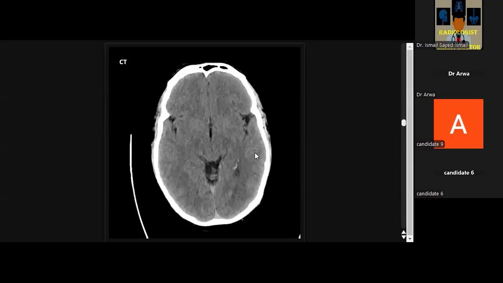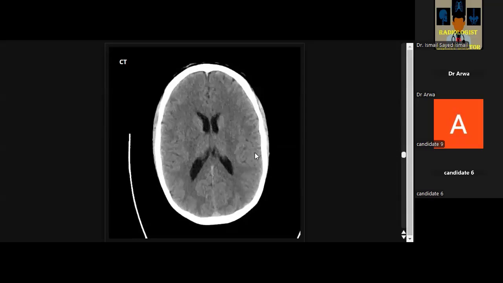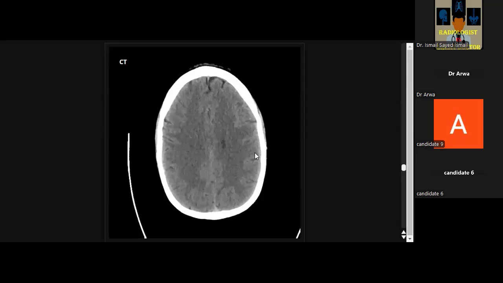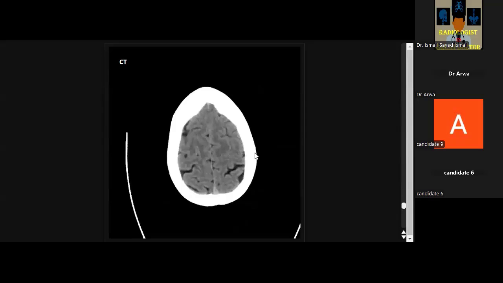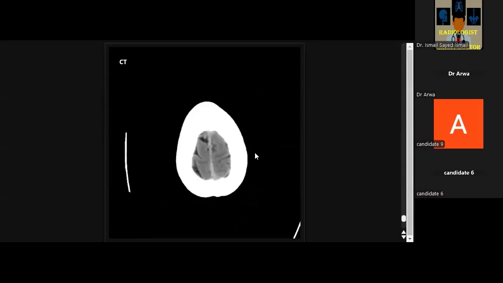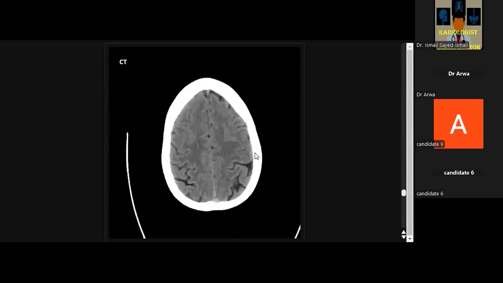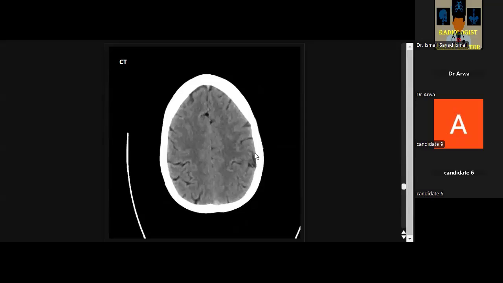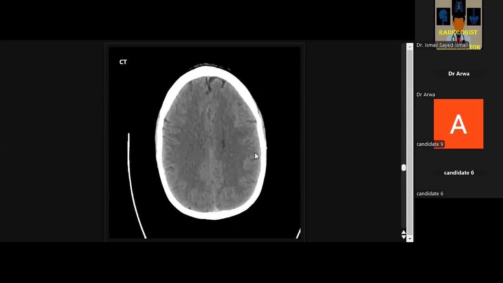I'm presented with a non-contrast enhanced CT brain of a patient who presented to me with headache. I'm still scrolling to the top. I can just appreciate a slightly hyperdense sagittal sinus, which is likely accepted.